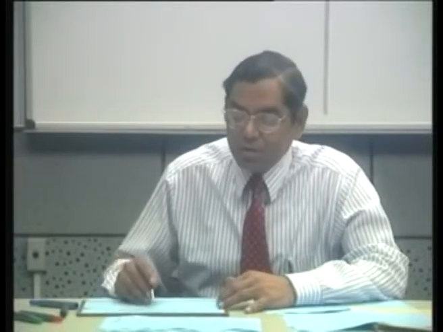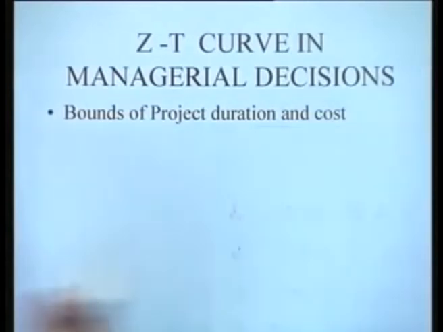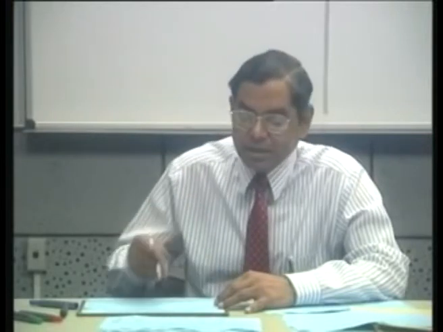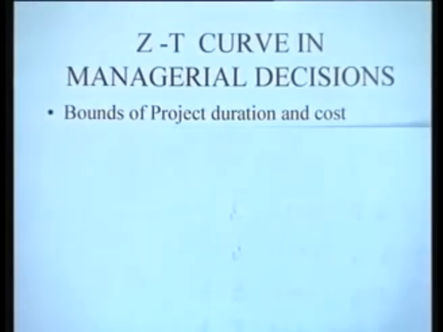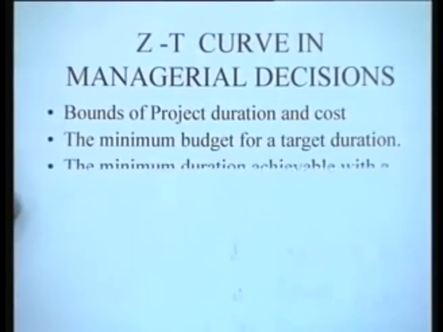So in fact, the possible normal duration and the crash duration come from this kind of exercise, and the cost increase you are willing to pay is also available. So you get bounds of both project duration and cost from this particular analysis.